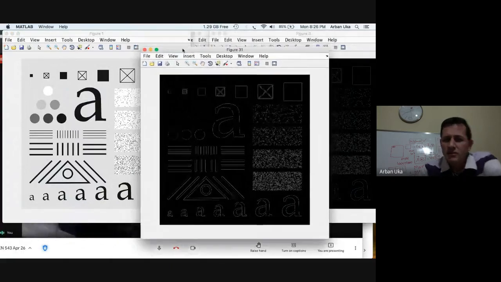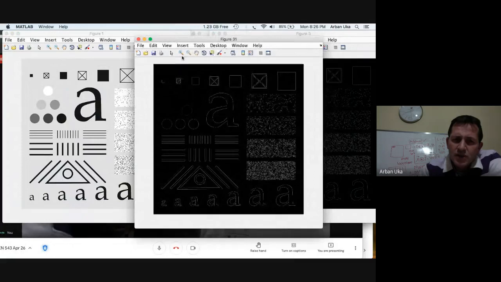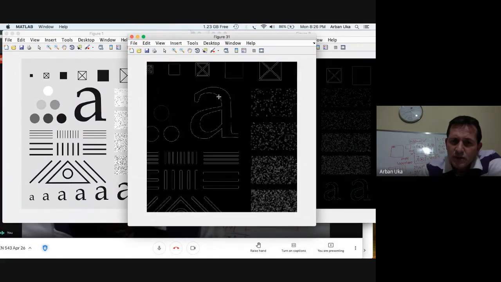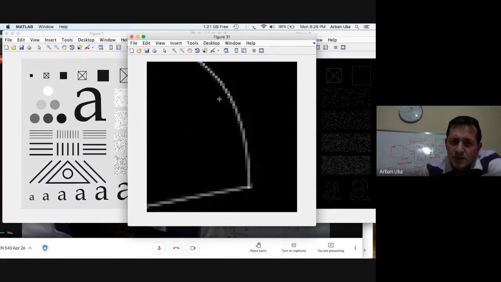In fact, what we see here is that we have all the edge information. All the edge information is clearly obvious here. It's not that good. Well, we have to zoom in, because here we can try to observe whether the letter A is clear. It's good, yeah. We can see it. The corners of the letter A can be observed using this edge information.